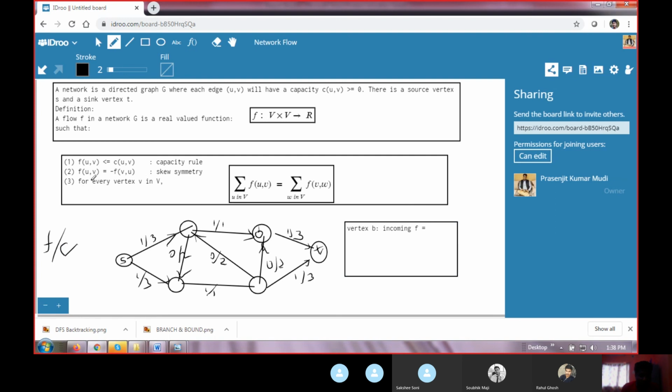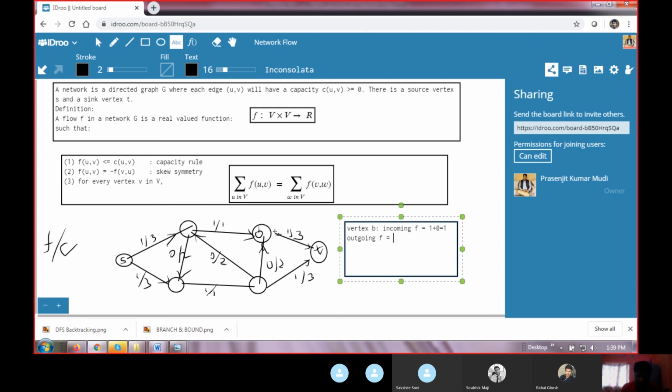We are now trying to understand the third rule, which is for any vertex B, the incoming edges have flows here 1 and here 0. So the incoming flow is 1 plus 0 equal to 1. And what is the outgoing flow? The outgoing edge is this one, labeled 1 by 3.